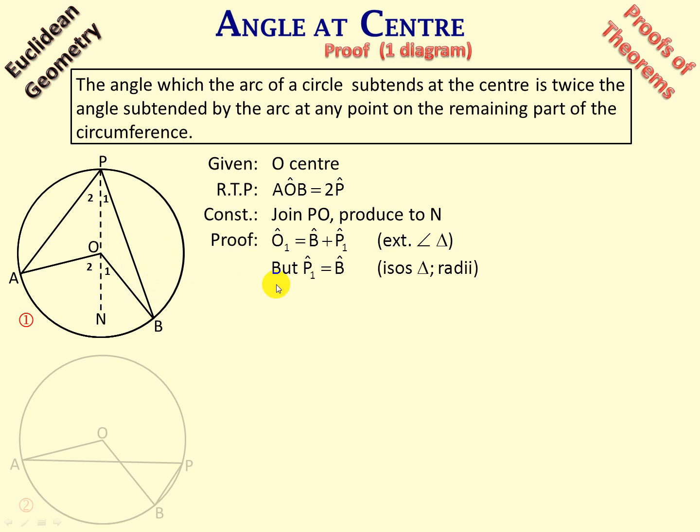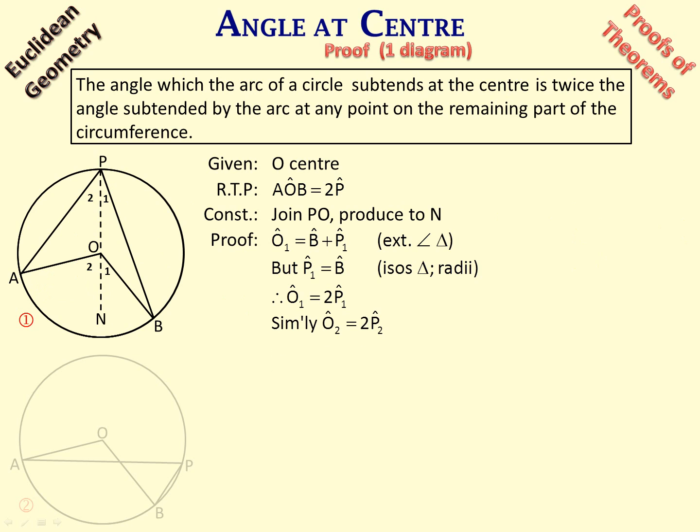Now we argue, but P1 equals B, isosceles triangle, radii, and therefore O1 equals twice P1. O1 is twice P1.